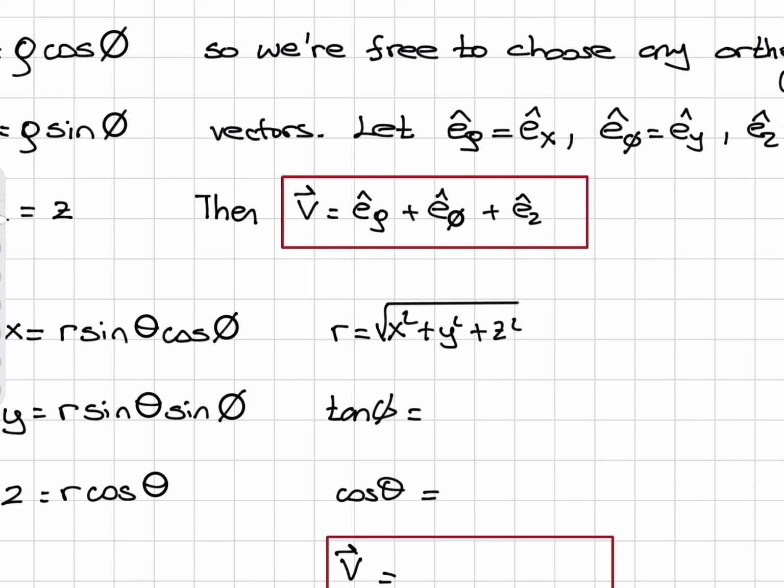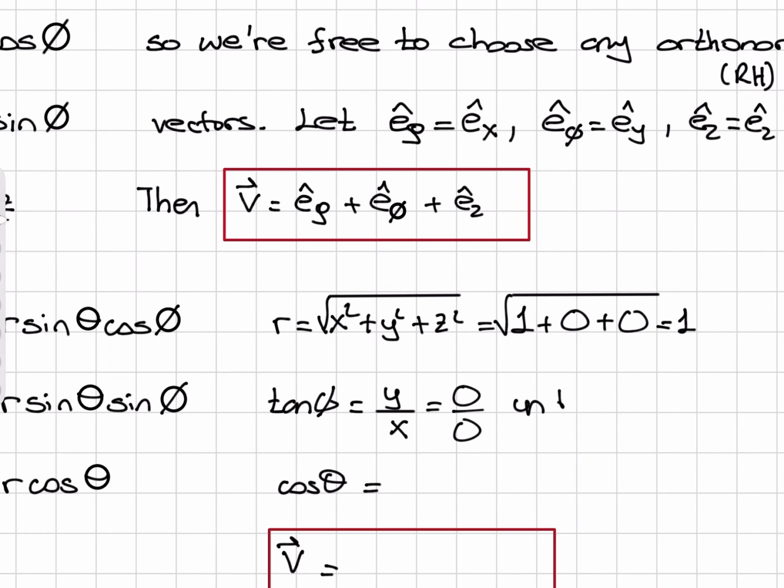So this is basically the square root of 1 plus 0 plus 0, which means r must be equal to 1 here. And tangent phi, y over x, is 0 over 0, is undefined. And cosine theta is z over r. This is 1, which means theta is equal to 0 degrees.